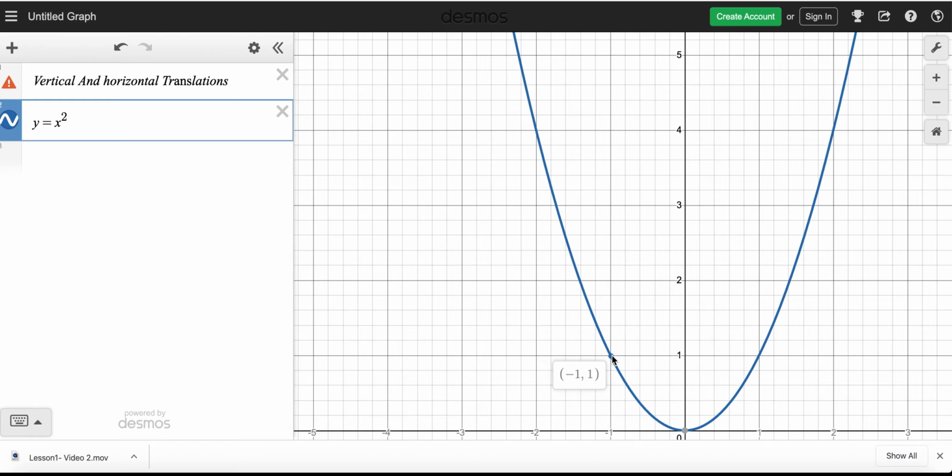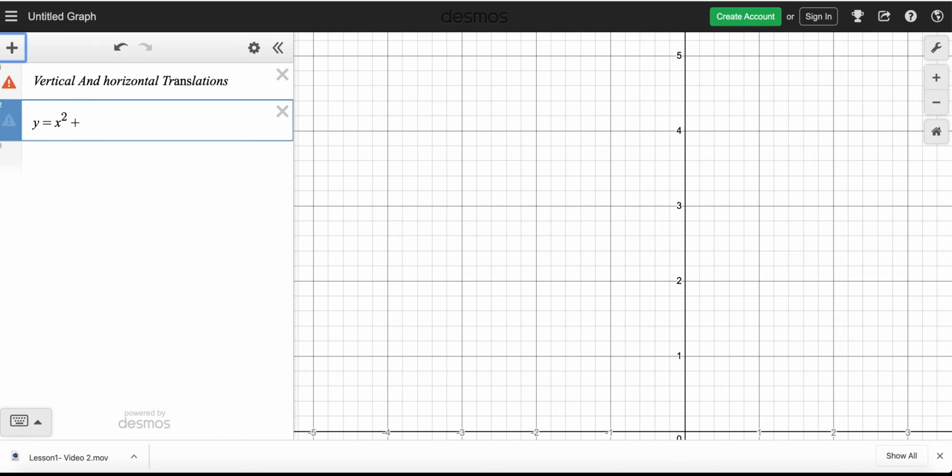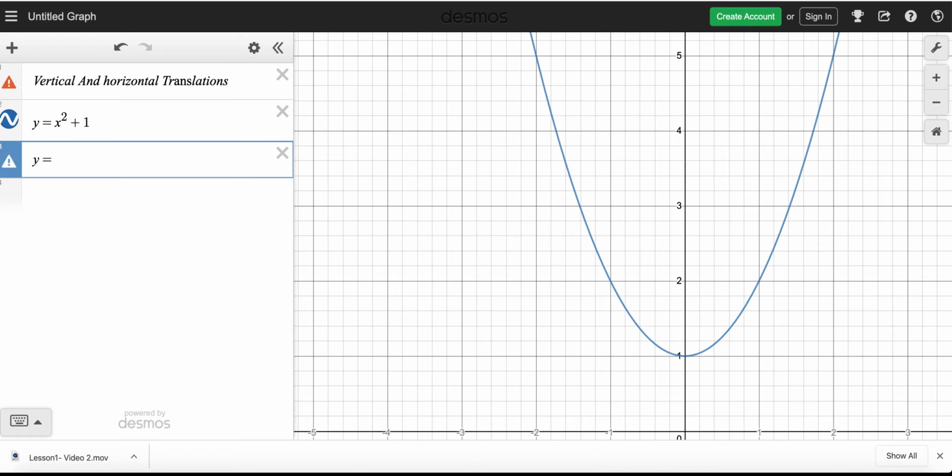If I want to move this point from this location here to here, I'm adding 1 to the y values, simply add 1. And all those points would move. The graph would shift upward, so 1 is added to all the y values. And that is called a vertical translation, because all the points for all the values of x are just shifted 1 unit up.